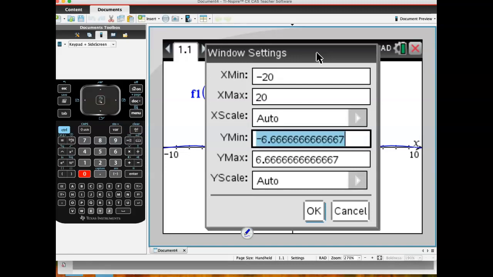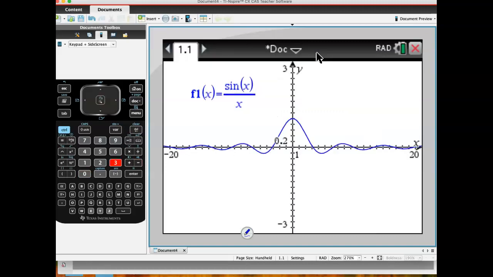I don't need to see it quite as tall, so I'm going to go from maybe negative 3 to 3. And what I see as x approaches infinity is pretty interesting. As x approaches infinity, what is y approaching? There is not a horizontal asymptote. This little rascal is oscillating back and forth, yet the infinite limit is approaching 0.